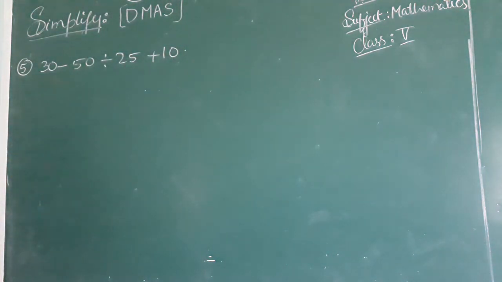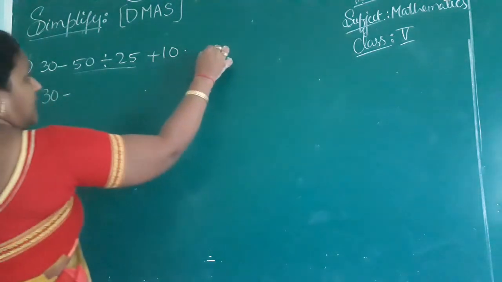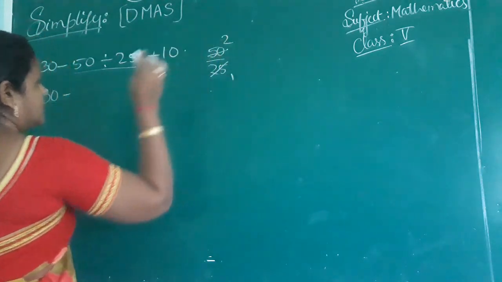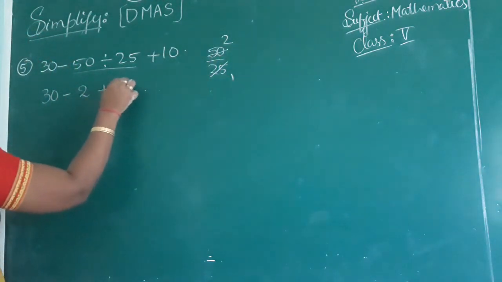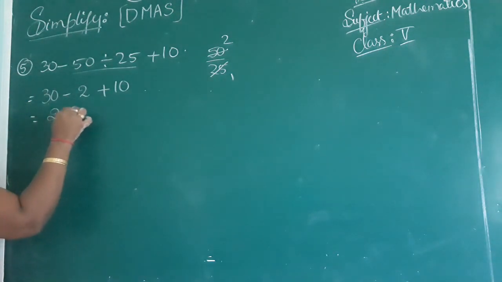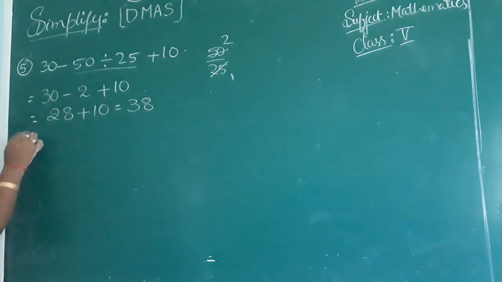See here, first we should solve the division part now. So underline that part, 50 divided by 25. 25 ones, 25 twos, so 2. 30 minus 2 is 28, plus 10. 28 plus 10, 38.